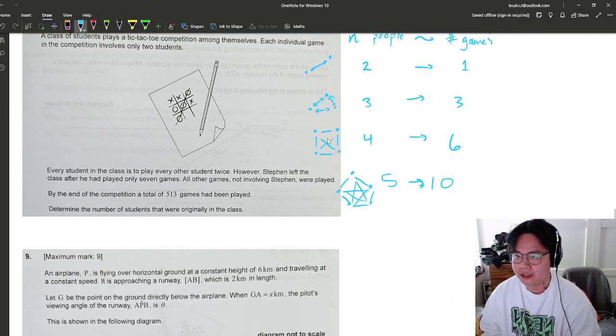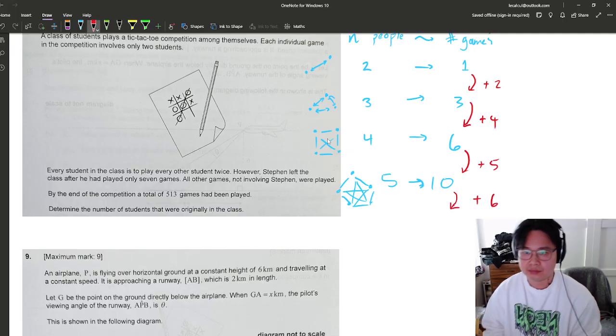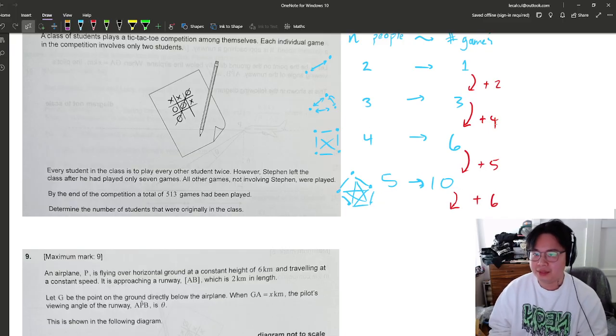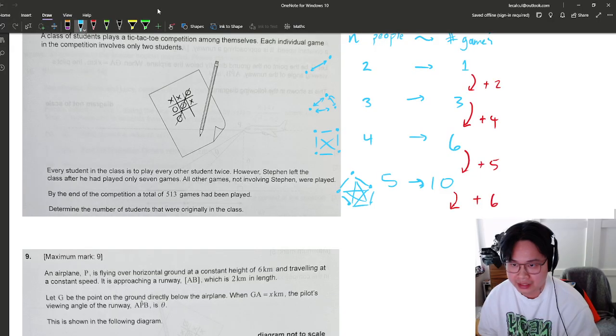So if we take a look at the pattern, we start with 1 when n is 2 people. It goes to 3, to 6, to 10. And hopefully you can see that all you're doing is adding 2, 3, 4, and then 5, and then the next one is probably 6. So what that means is that this number 3 is literally the first term, 1 plus 2.